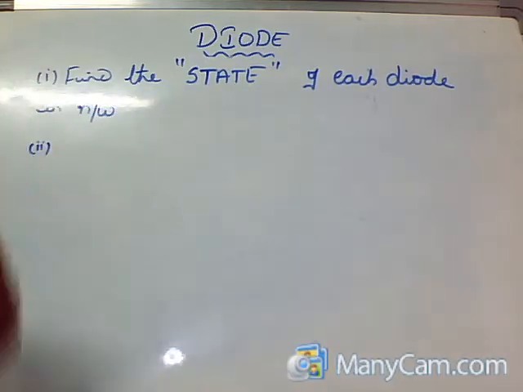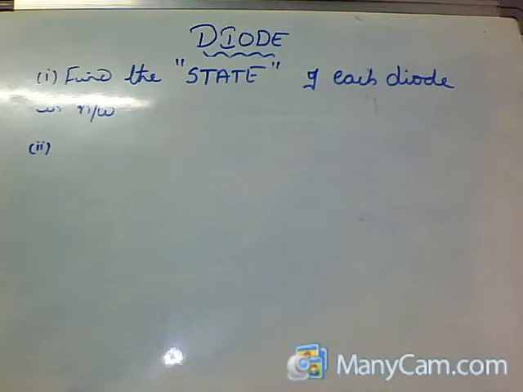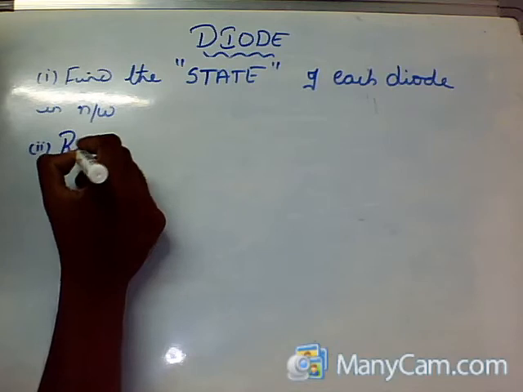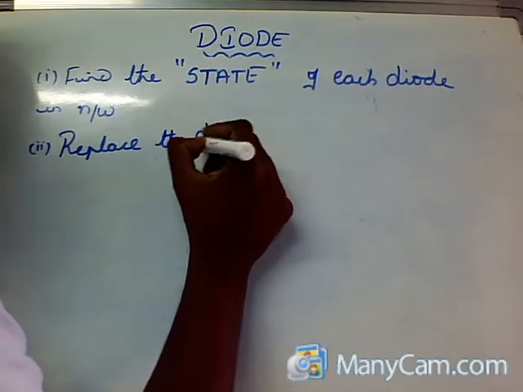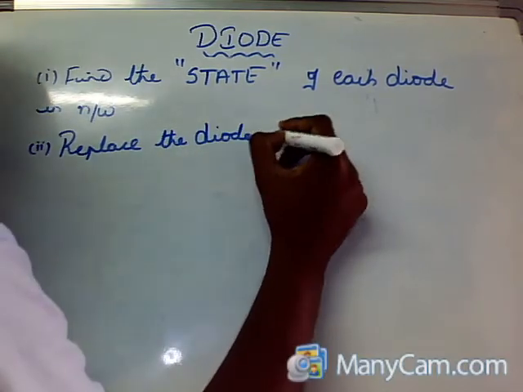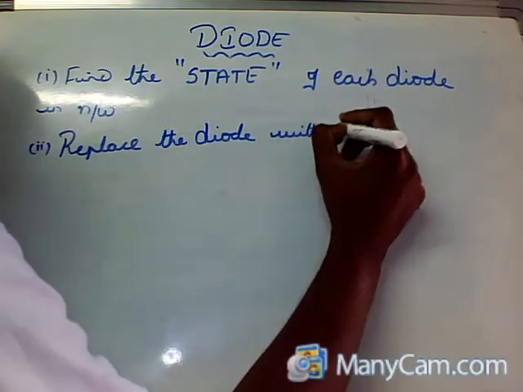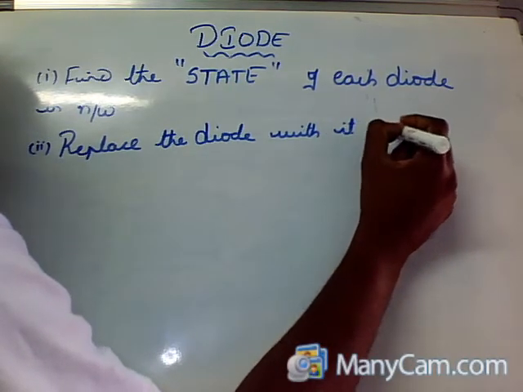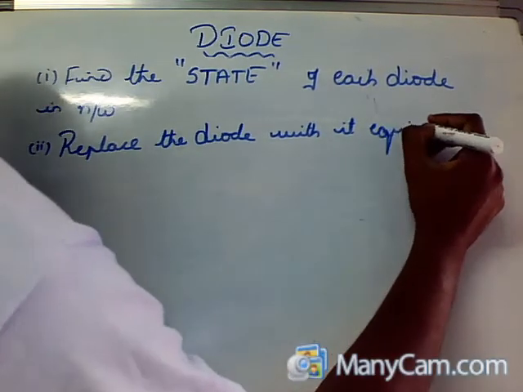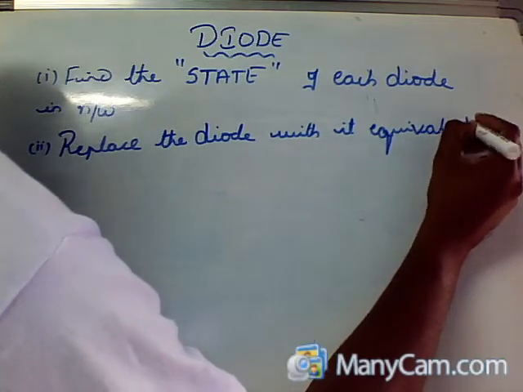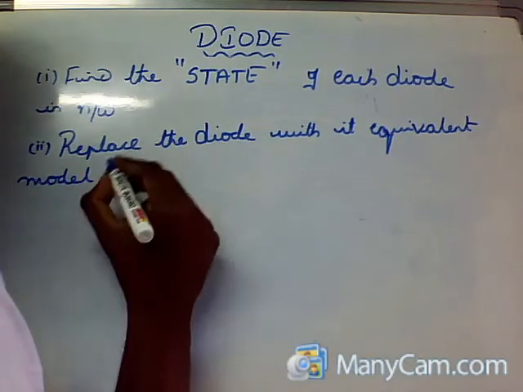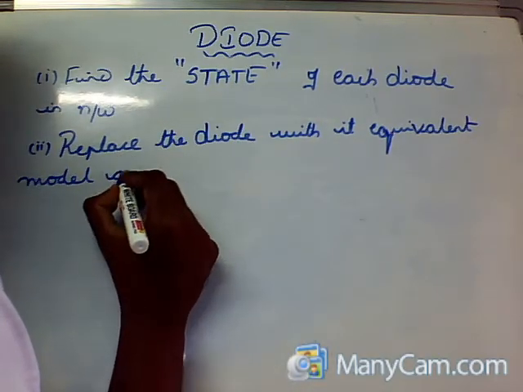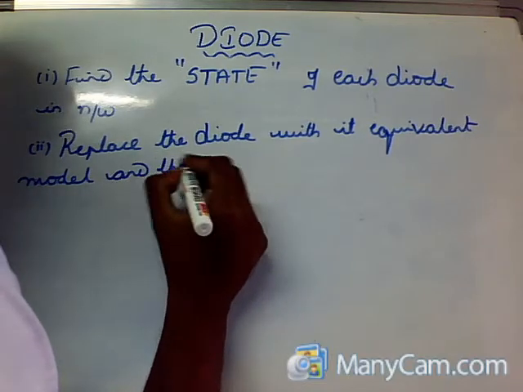Second, once the state is found, replace the diode with its equivalent model. And the remaining parameters are determined.